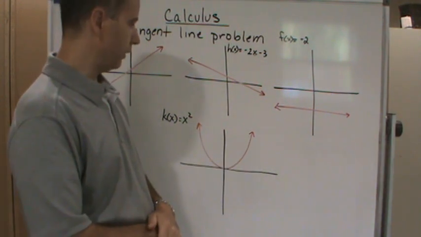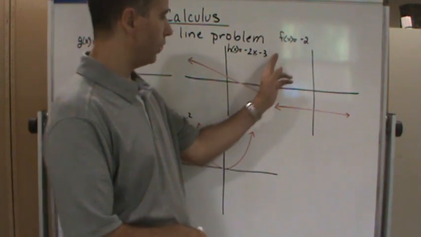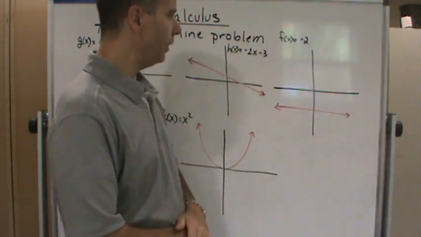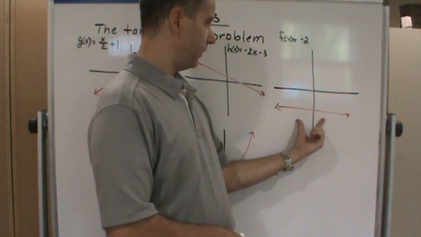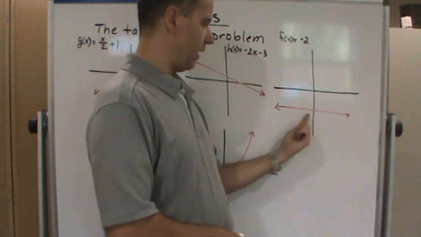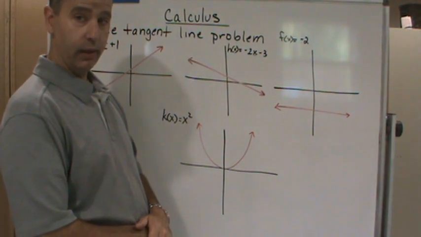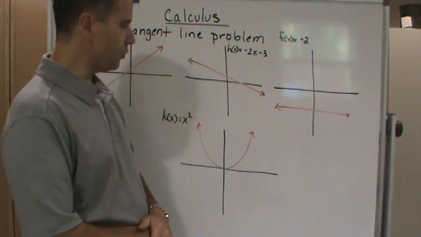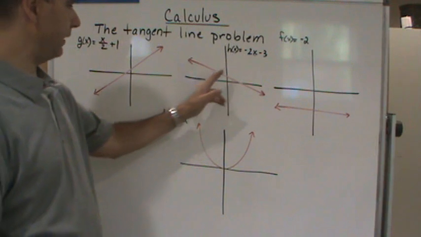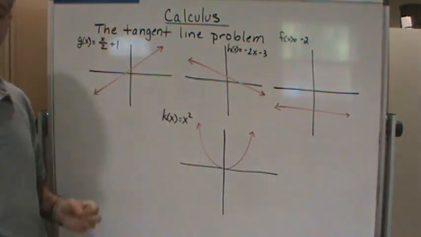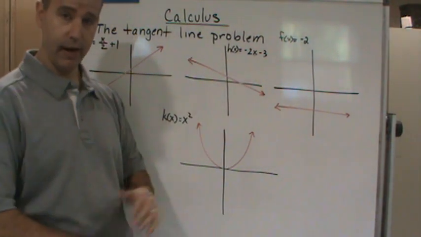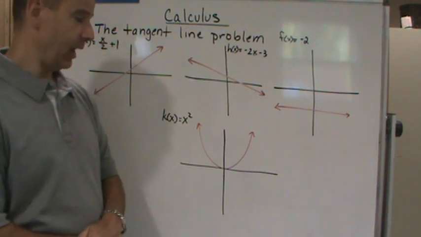And then of course, f of x equal to negative 2 is a constant function. So it's going to have a horizontal line at y equals negative 2. So for all of these, you can find the slope, right? Or if you're given 2 points, you can find the slope of any straight line.